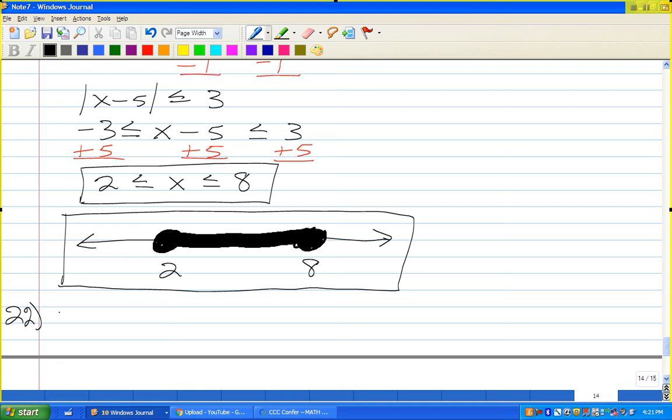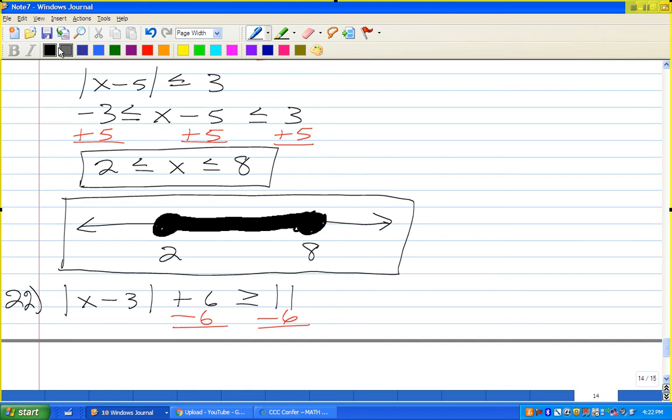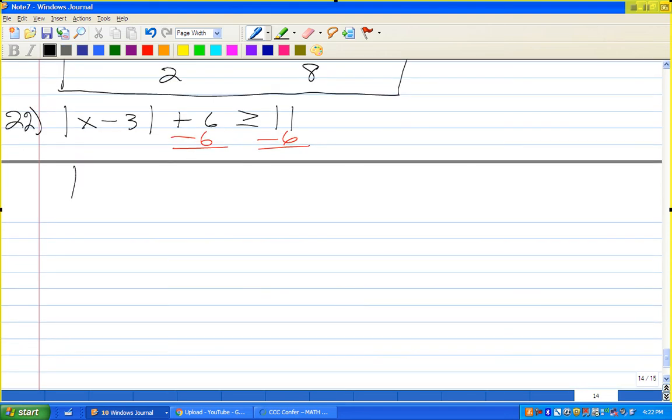Absolute value of x minus 3 plus 6 is greater than or equal to 11. Let me subtract 6 from both sides of my inequality. And so I have that the absolute value of x minus 3 is greater than or equal to 5.